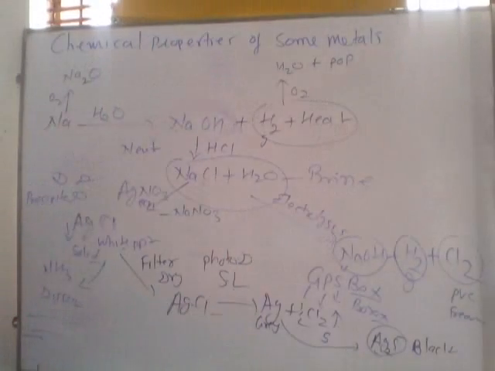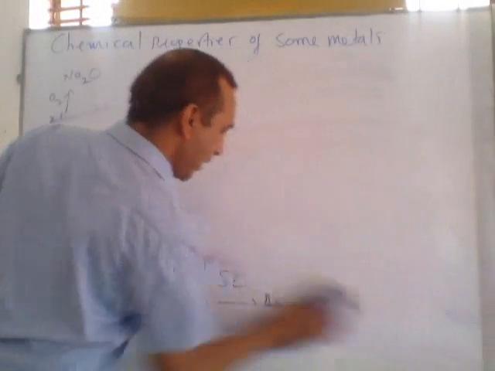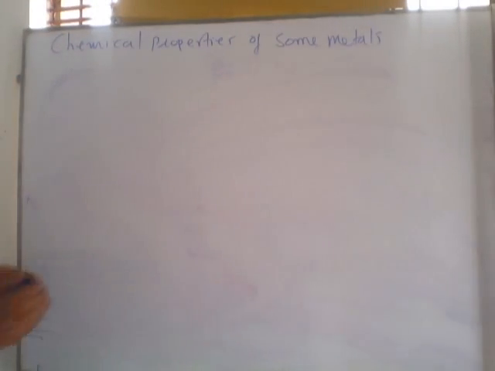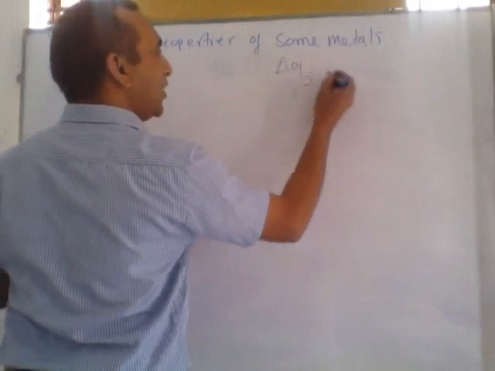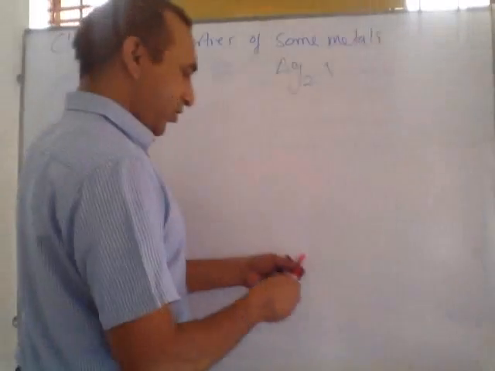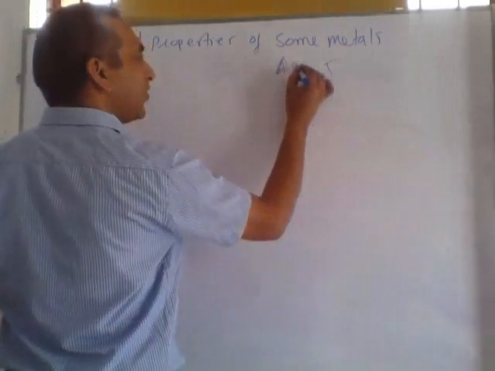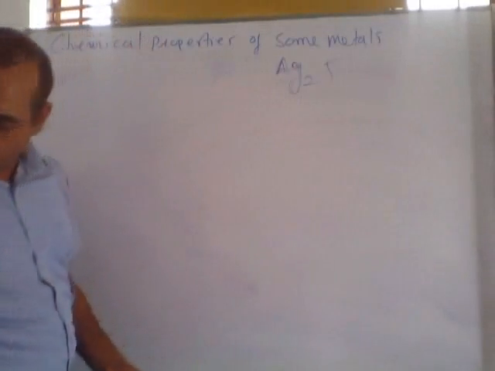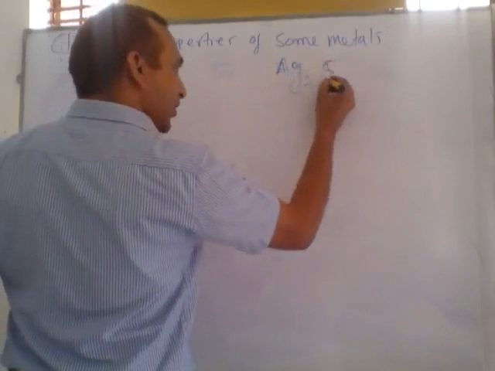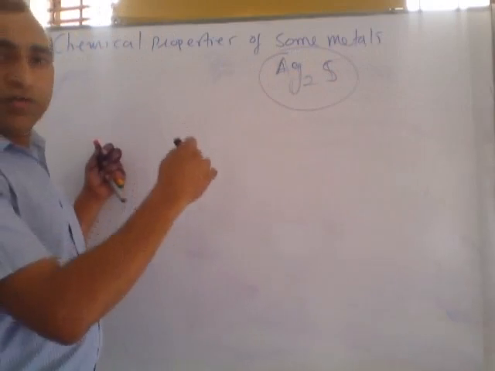Next, in the last we have reached silver sulfide, Ag2S. You know, the least reactive metals, generally coin metals like silver and gold, exist in the native state, while silver generally forms sulfide, also in ore form.